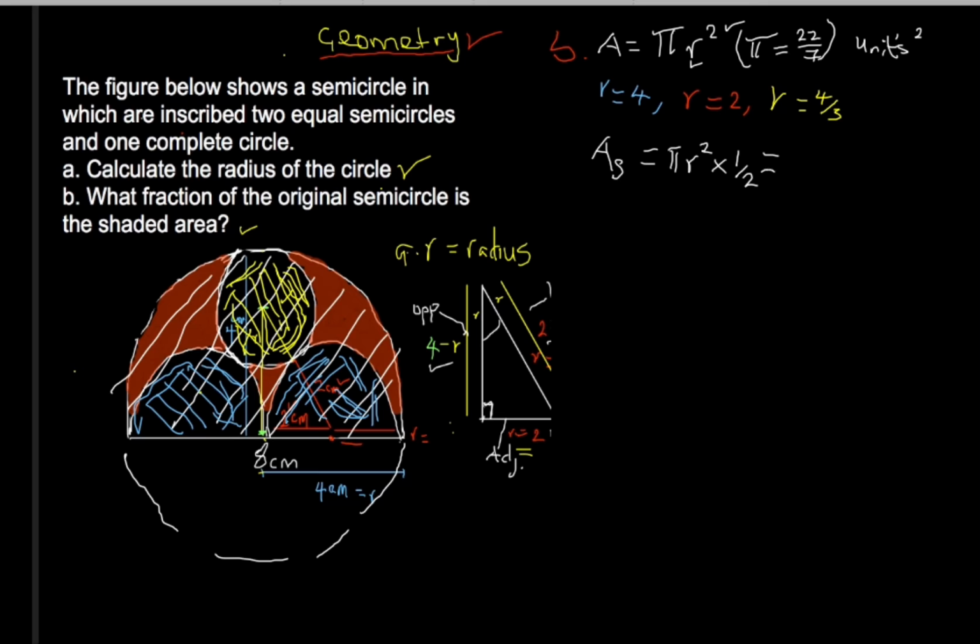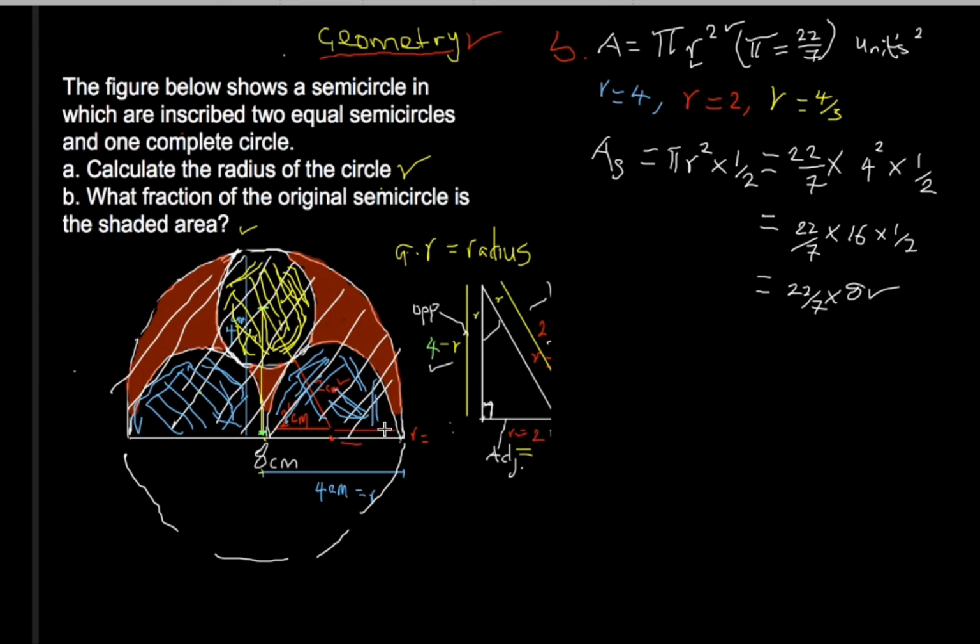If we put our numbers in place, we'll have 22/7 times 4 squared times 1/2. From there, we have 22/7 times 16 times 1/2, so we have 22/7 times 8. Let me just stop here for a while.